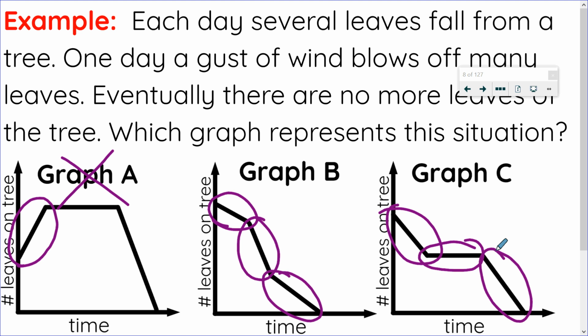I think in this situation graph C represents it because we have the leaves falling from the tree and then nothing happens, and then a gust of wind comes and blows off the rest of the leaves. Graph B shows that they're constantly decreasing. So decreasing and then decreasing and then decreasing. So I think graph C more accurately represents that situation.